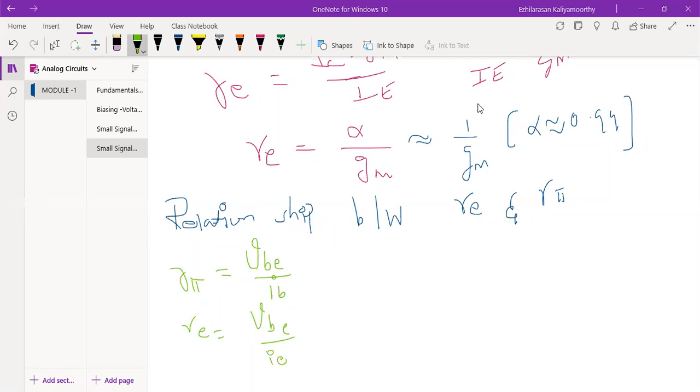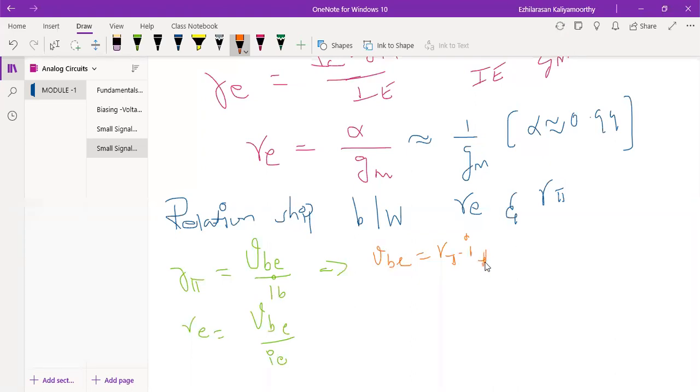See, R pi is nothing but the base resistance. Okay, R pi is the base resistance, we are not denoting it as RB. So VBE is equal to R pi into IB.